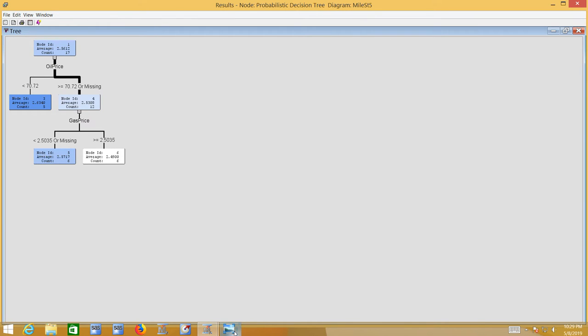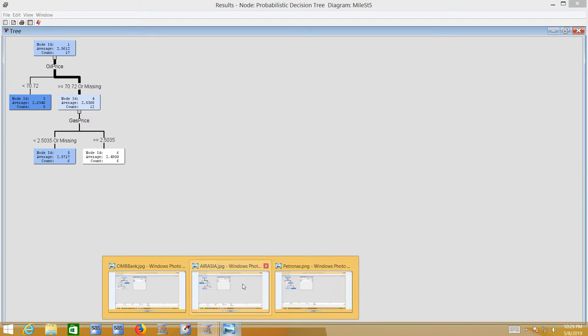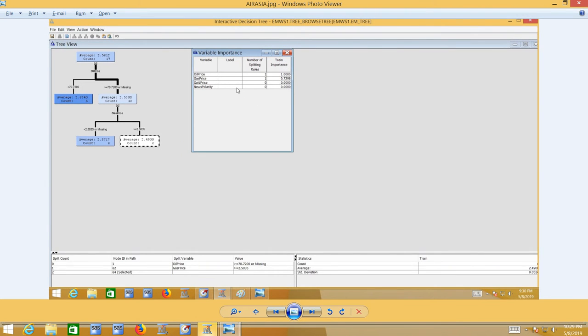This is the variable importance: oil price with importance of 1 and gas price 0.7 are the most important variables for companies like AirAsia, so they should pay attention to the changes in this part of the market.